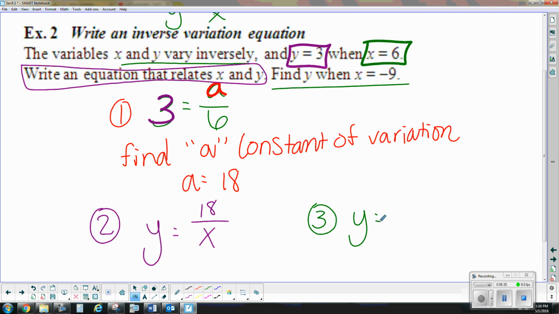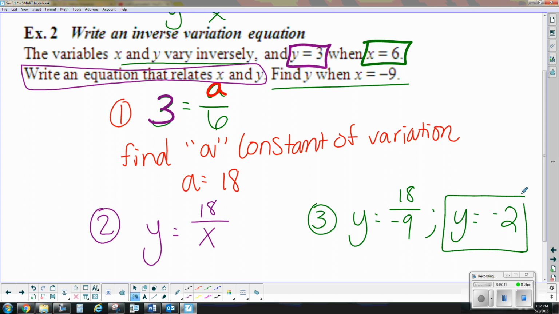So we don't know what y is, but we do know our constant is 18, and we do know our x value is -9. So we need to solve for y. Y equals -2. So first solve for a, but the question really is to write an equation that relates x and y. So you have your x and your y in your equation. And then the third step is to find y when x equals -9.